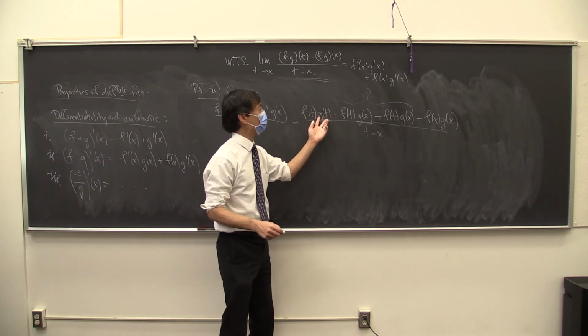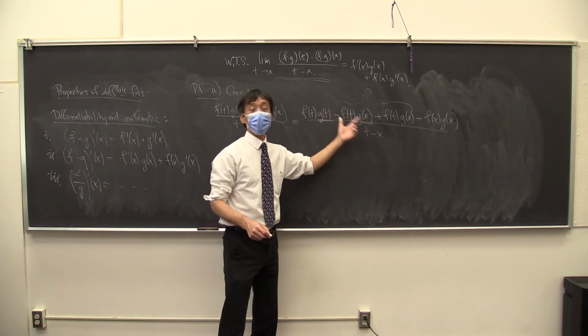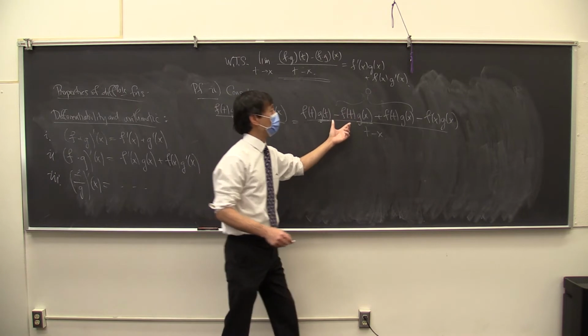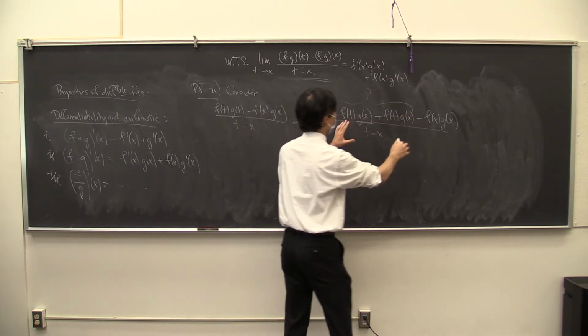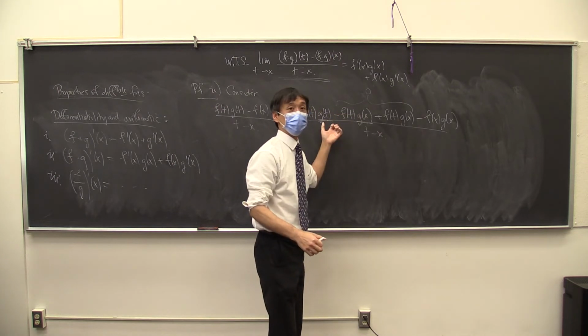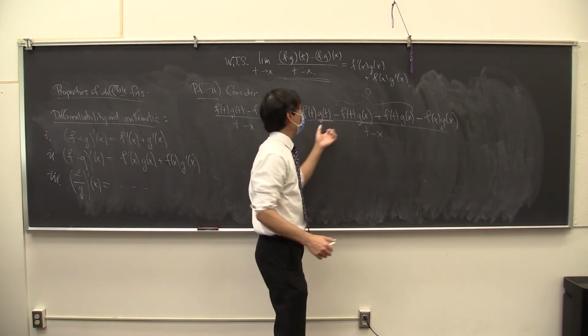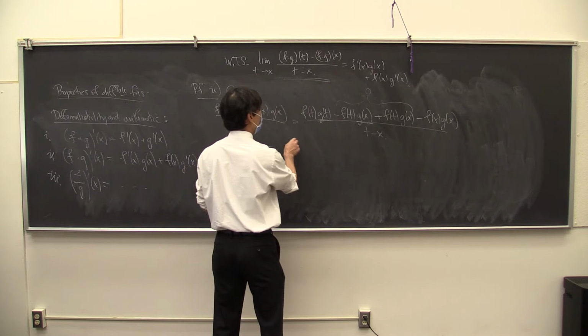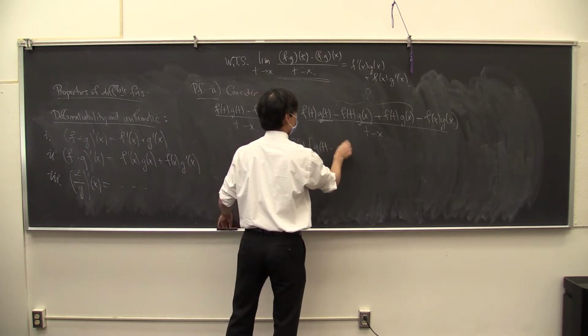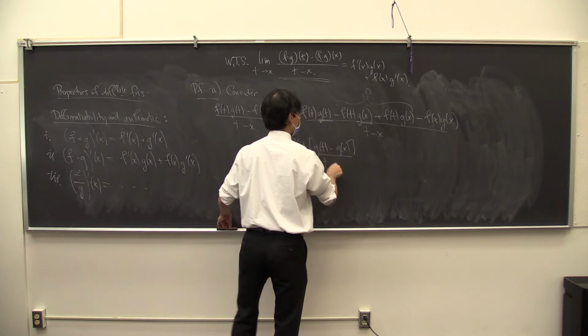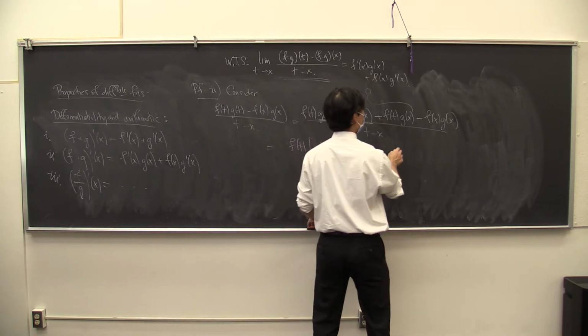I've got a g of t minus a g of x over t minus x. So by putting in this term, it allows me to factor out a derivative of g here. So let's write this out. This is f of t times g of t minus g of x over t minus x, and then we have this other thing here.